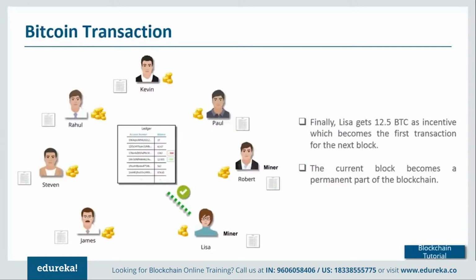Now let's take a real-time scenario: $33,000, and let's say there are 11 people as part of that. Each one gets close to $3,000. $3,000 again is a huge amount for something that requires 10 minutes to mine. But again, let's not go into how efficient it is to mine and all that. We will talk about that in the upcoming sessions as well. But just to give you a simple idea, there's an incentive added for Lisa and Robert.